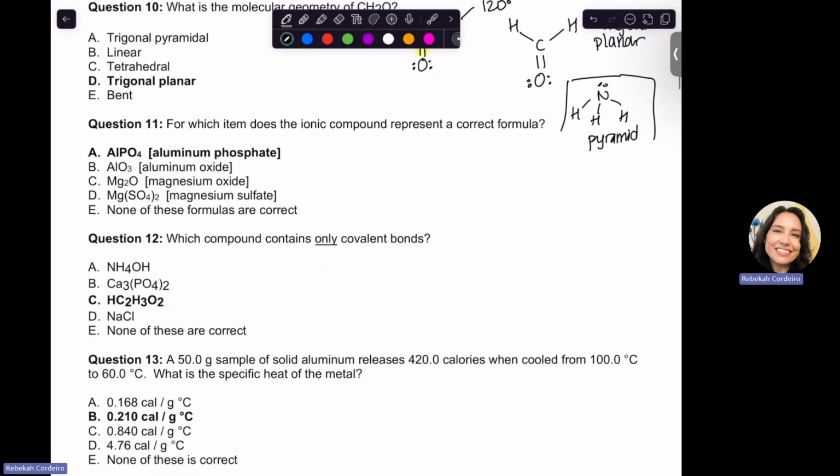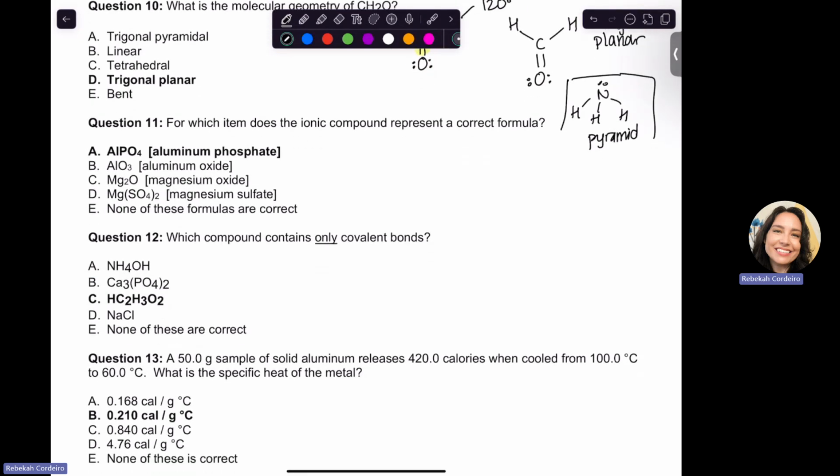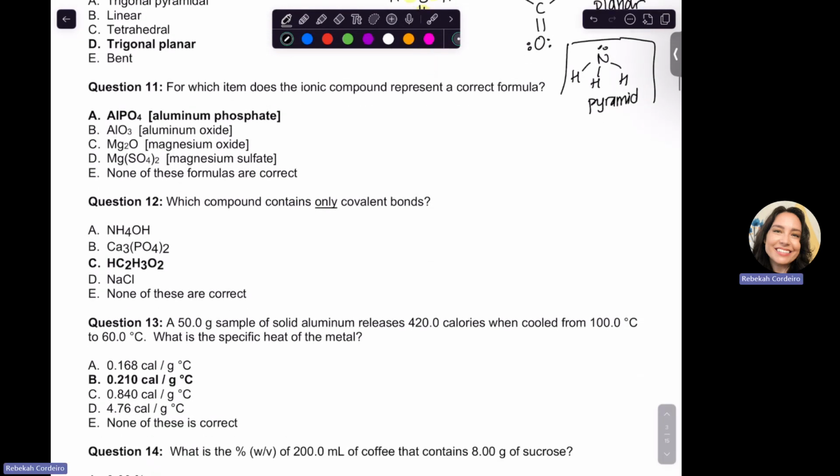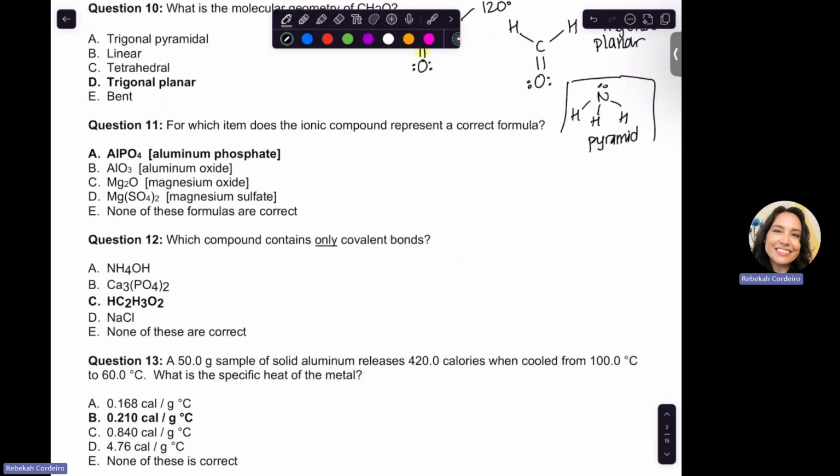For which item does the ionic compound represent a correct formula? So we have aluminum phosphate. Let's just think about the formulas for aluminum phosphate. So Al3 plus, PO4 3 minus, there's one of each. So that's Al, PO4, one of each. So that's correct. Let's look at the rest of them. Aluminum oxide, Al3 plus, O2 minus. If you put that together, you get Al2O3, which is not what's written there.